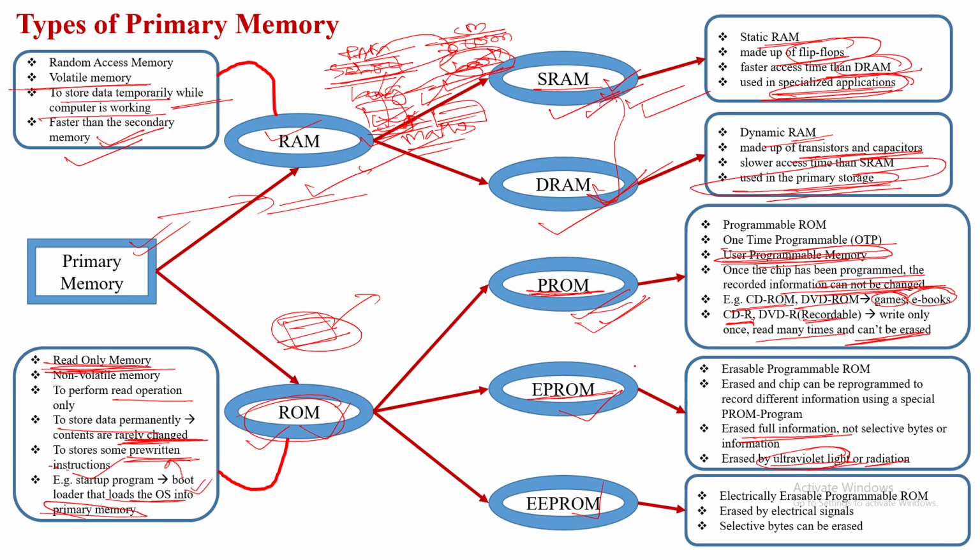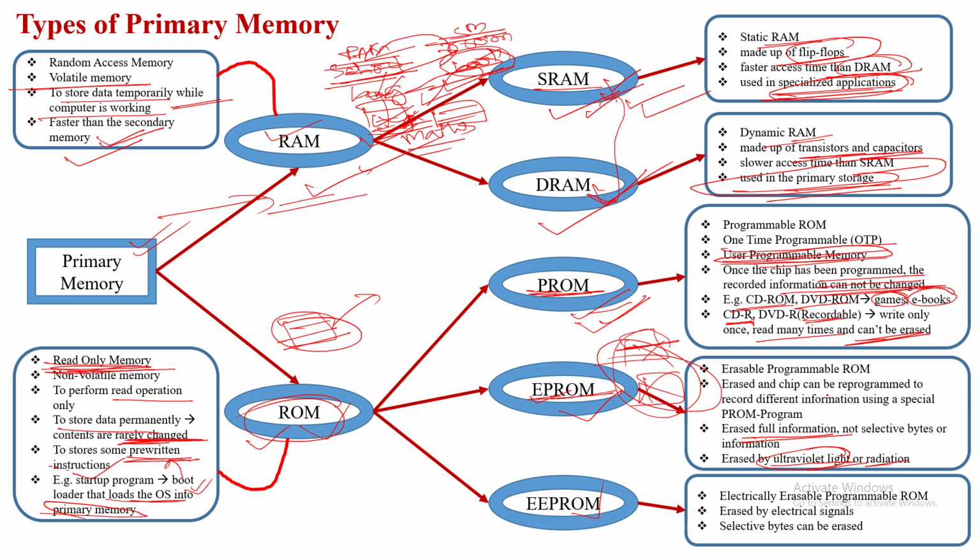Suppose you have two pages, and on one page there is a mistake in one line. In erasable programmable read-only memory, it erases both pages. That means the full information is erased, not selective data.